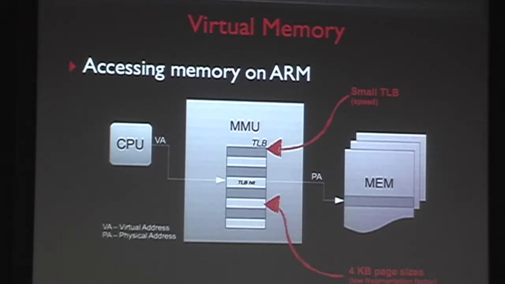But usually we want to use 4 kilobyte pages, the smallest allocation unit, because we want to keep a low fragmentation factor, and so we want the memory to be utilized in an optimal way.